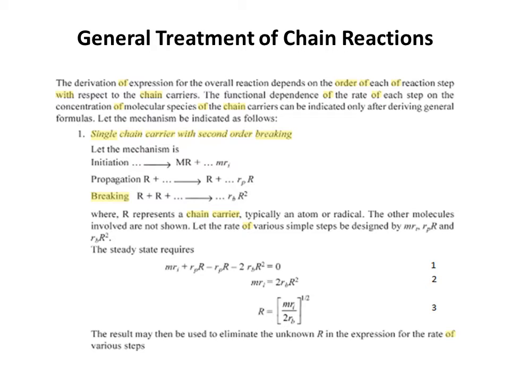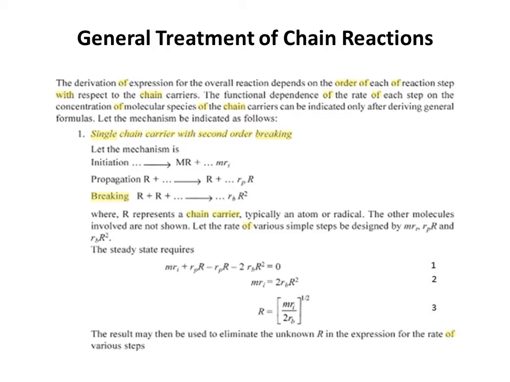Where R represents a chain carrier, typically an atom or radical. The other molecules involved are not shown. Let the rates of the various simple steps be designated as initiation, propagation, and the termination rate k_B R square.